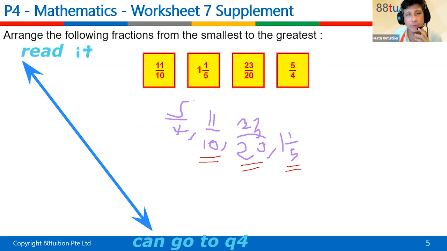But what about 5 out of 4? This is the one that didn't fit right at the beginning.